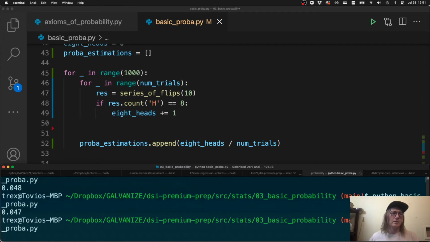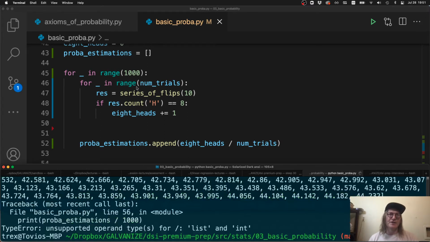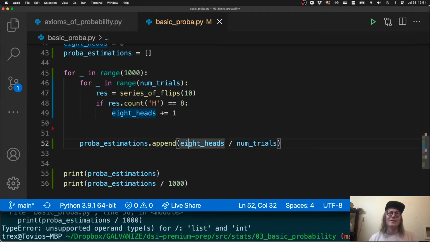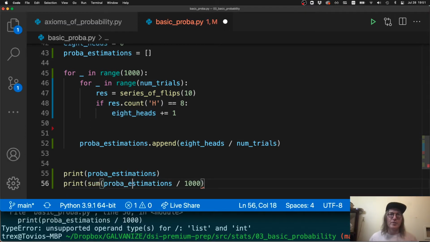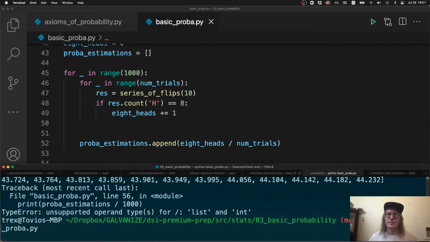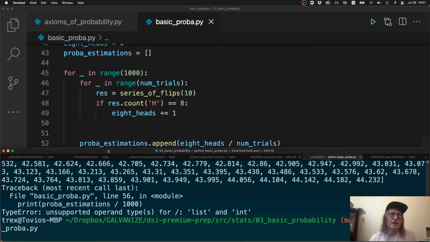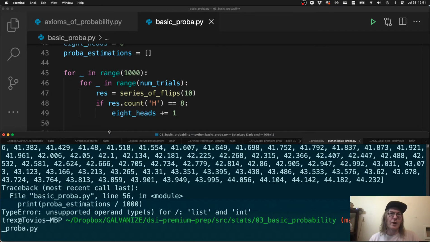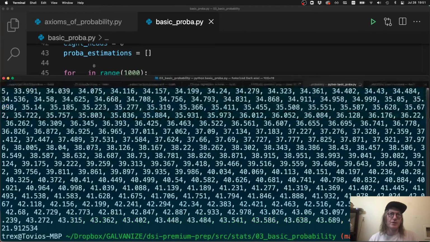It's going to take a little bit to run. Notice we have a nested loop here, so this is 1,000 of 1,000. Oh, right. That makes sense. I actually need to sum the probability estimations. That's my bad. And we should get a big wall of numbers as we see above.